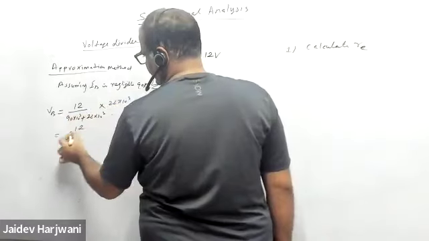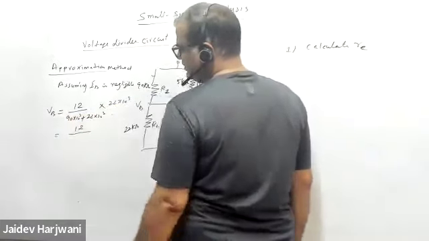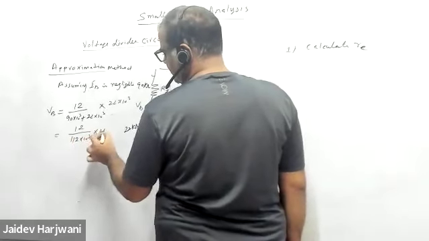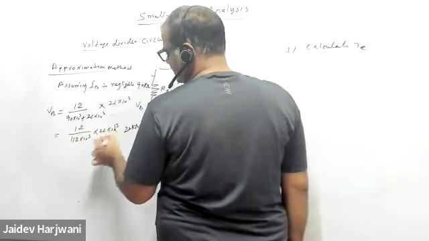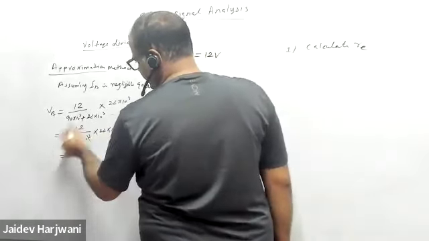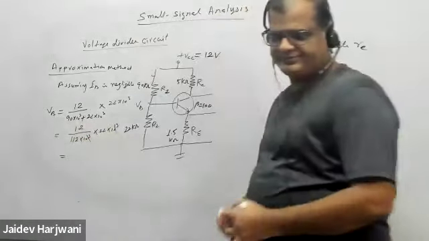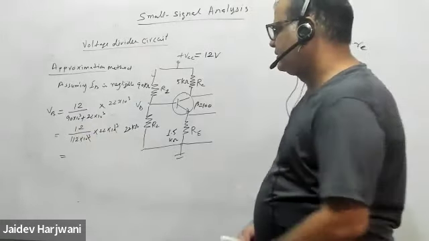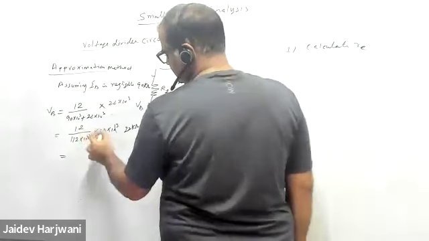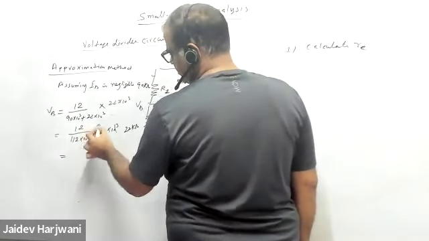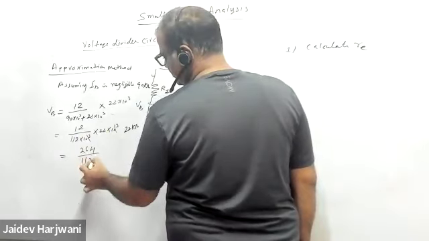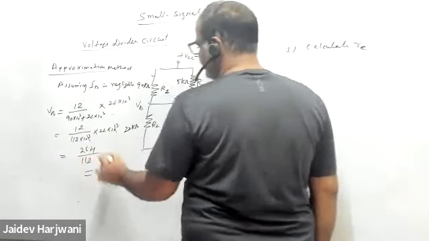So 12 upon 112 kilo ohm into 22 kilo ohm. This cancels out. Tell me what is the value of this one. This becomes how much? 24, 24, 26, and this is your 112. Tell me what is the value of VB.